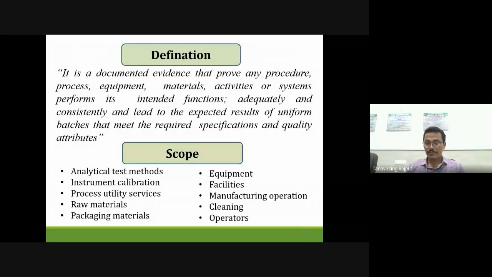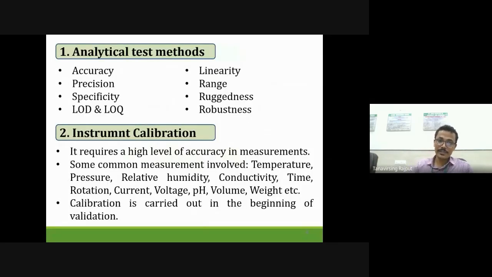For analytical test validation, some parameters are accuracy, precision, specificity, LOD and LOQ, limit of detection and limit of quantitation, linearity, range, ruggedness, and robustness. I think the session on analytical test methods was already held, so these are some parameters we consider during analytical test methods.